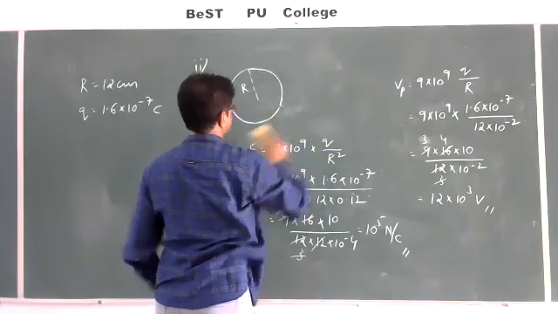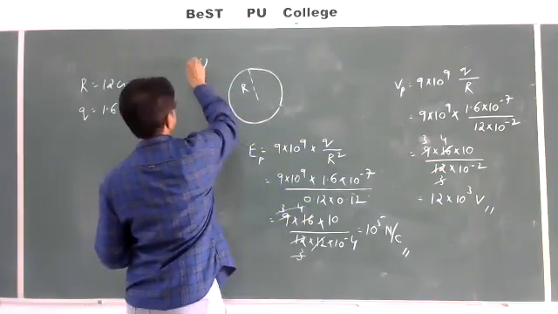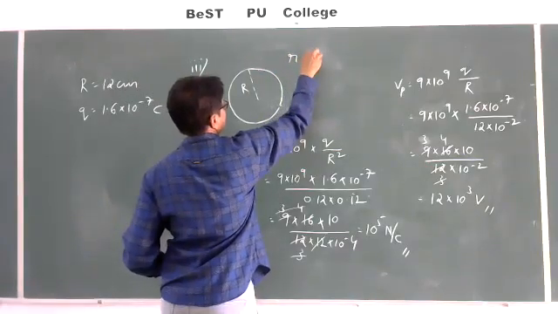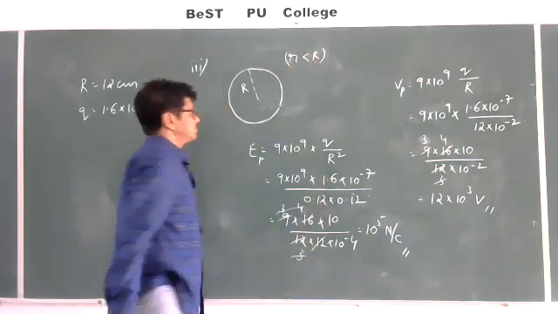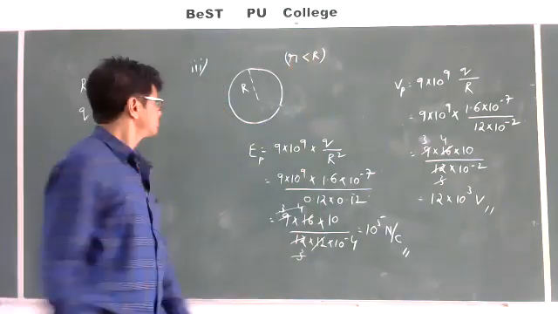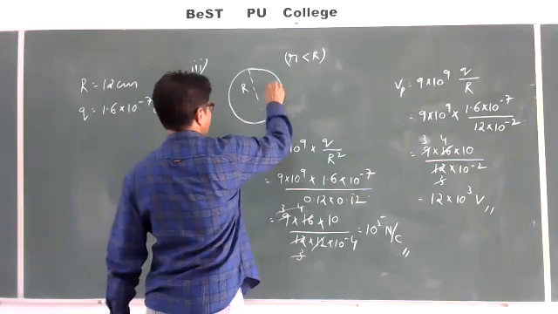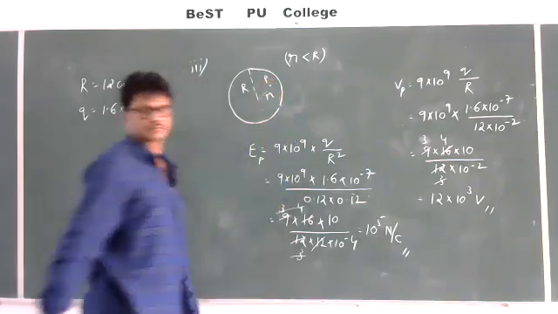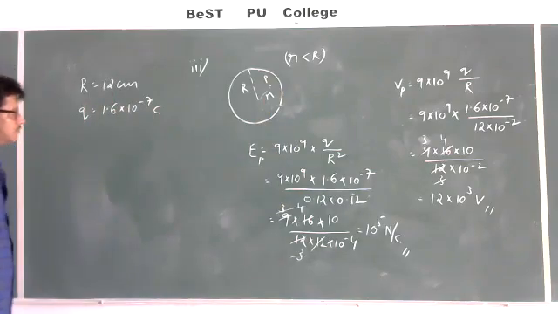So small r value is lesser than capital R; somewhere here the point P is there inside the sphere.